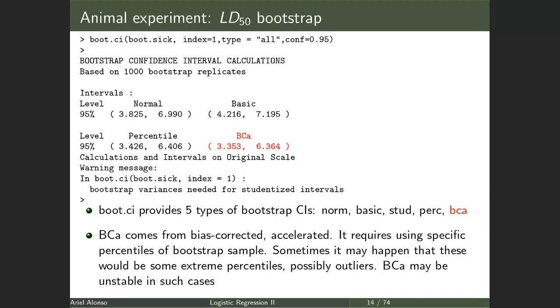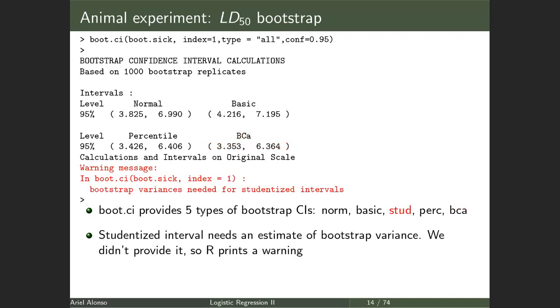Sometimes it happens that you have extreme percentiles in the bootstrap sample, possibly outliers. And if this is the case, you have these very weird tails in your bootstrap sample, then this BCA interval can also run into trouble.